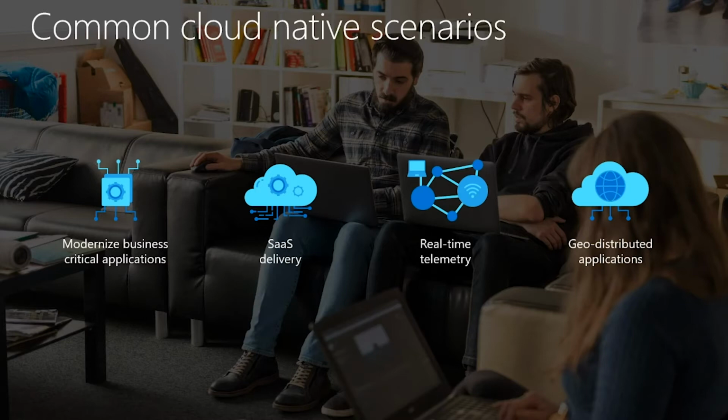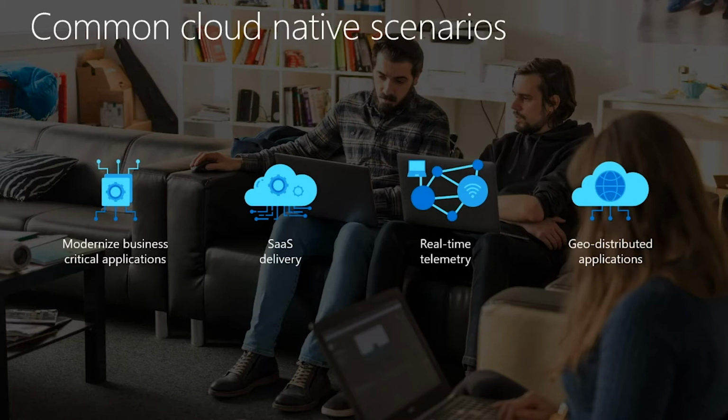The second is delivery of SaaS solutions. Say you have customers distributed across the world and you want to make your solution a SaaS solution, you could consider cloud native as an option. Third is building real-time applications, which is about connecting telemetry from cars and devices for IoT integration.